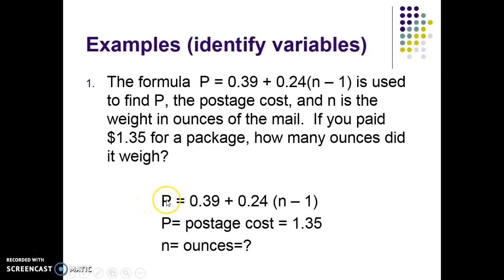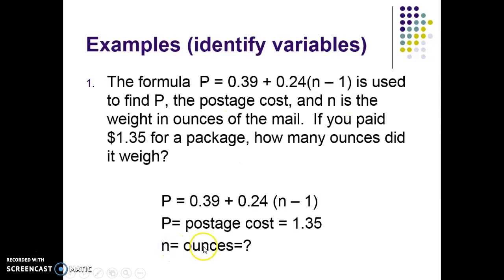Step 1 was to write down the formula, and that was just given to us in the problem. Step 2 was to identify all the variables and what they represent and the values for each. So P, it says, is the postage cost. So that's what I'm going to write here. P equals postage cost. N is the weight in ounces of the mail.